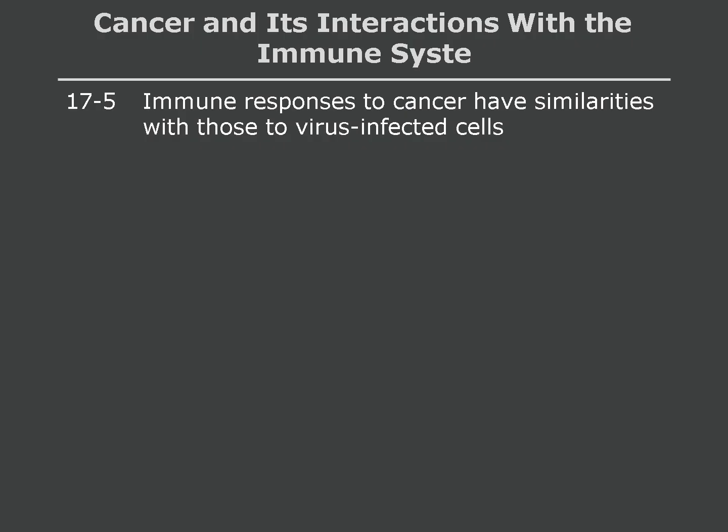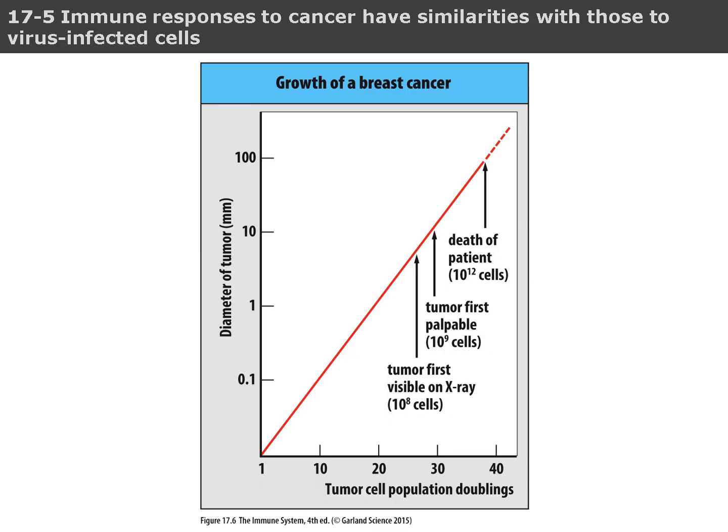Immune responses to cancer have similarities with those to virus-infected cells. This graph illustrates the relationship between tumor cell population growth and tumor size over time. As breast cancer cells undergo successive doublings, the tumor grows exponentially. A tumor becomes first detectable on X-ray imaging when it reaches approximately 100 million cells.